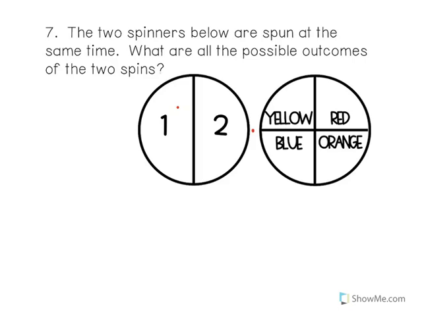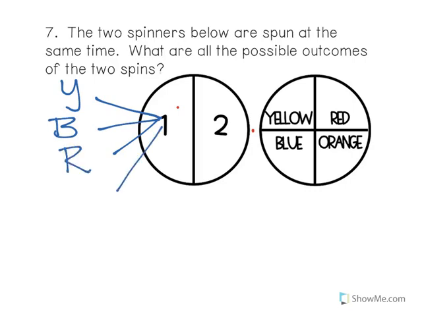So my tree diagram would be, if I spun a 1, I could have the 1 be a yellow, the 1 be a blue, the 1 have a red, or I could spin a 1 and get an orange. But I could also spin and I could get a 2. If I spin a 2, I could have a yellow, I could have a red, I could have a blue, or an orange.